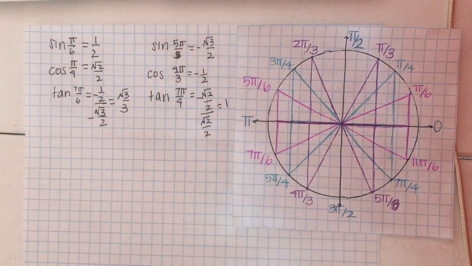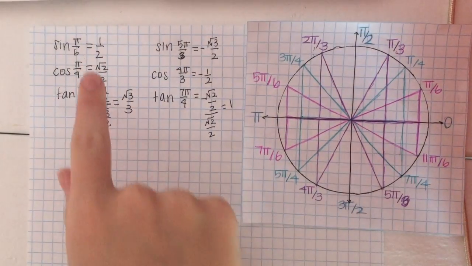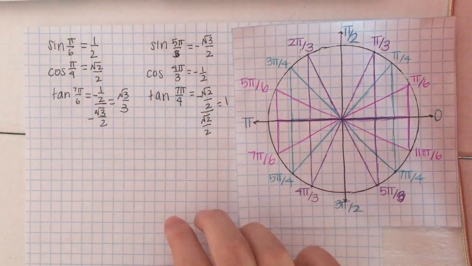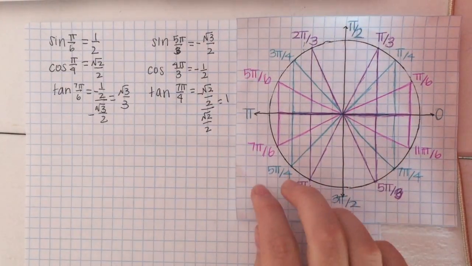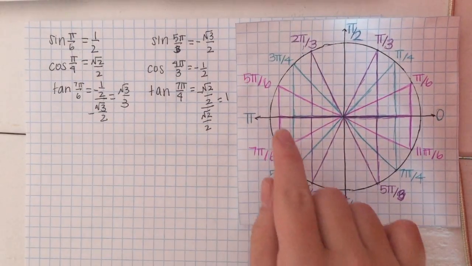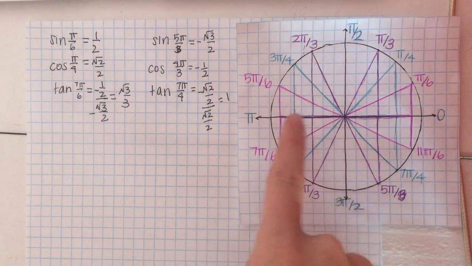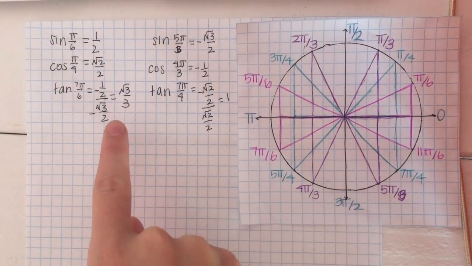So here we're going to do some quick problems. As you can see here, sine of pi over 6 is going to be 1/2. Cosine of pi over 4 is going to be root 2 over 2. Tangent of 7 pi over 6 is going to be negative 1/2 over negative root 3 over 2, which is just going to be root 3 over 3.